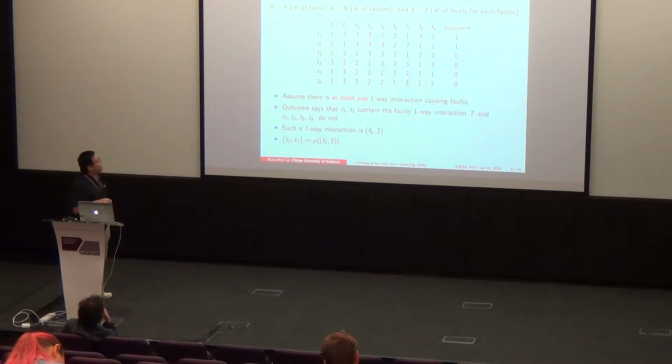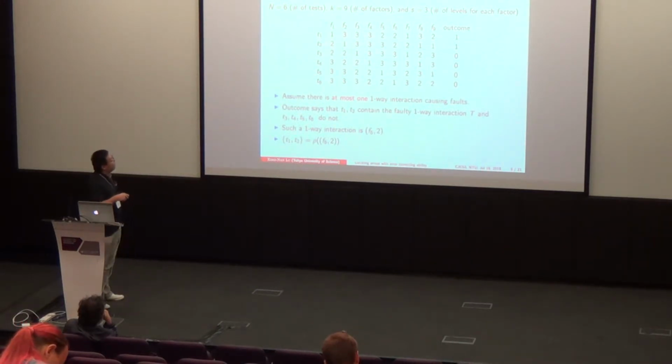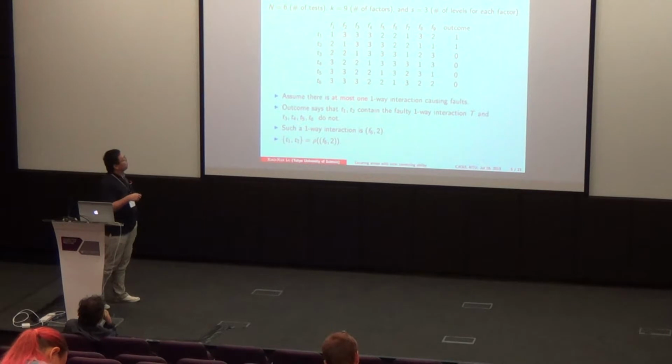For example, if we consider this kind of test suite, after a round of tests, suppose we get such an outcome which shows that test 1 and test 2 give some bad result. Now we consider some one-way interaction, that is, we only consider one symbol in this array.